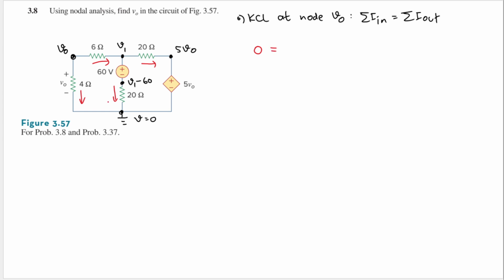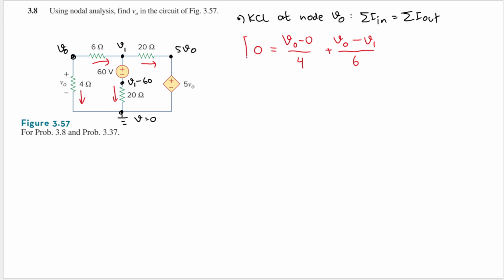And that will equal this current here, which is (V0 minus 0) divided by 4, and then this current here, that will be (V0 minus V1) divided by 6, because the resistance between them is 6.